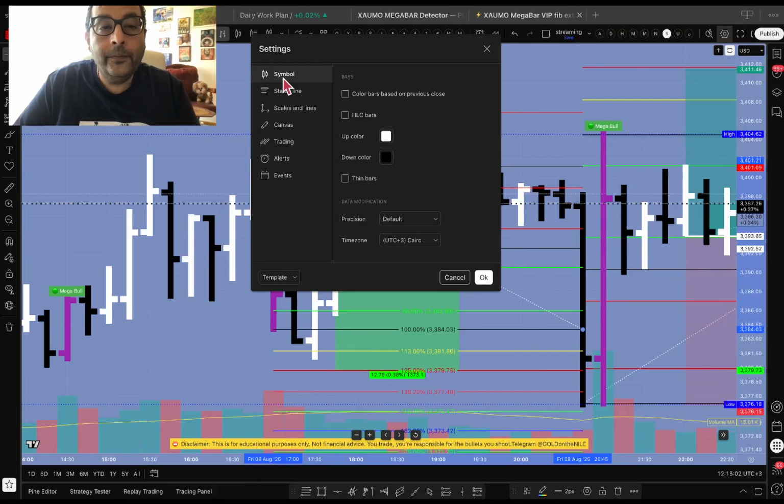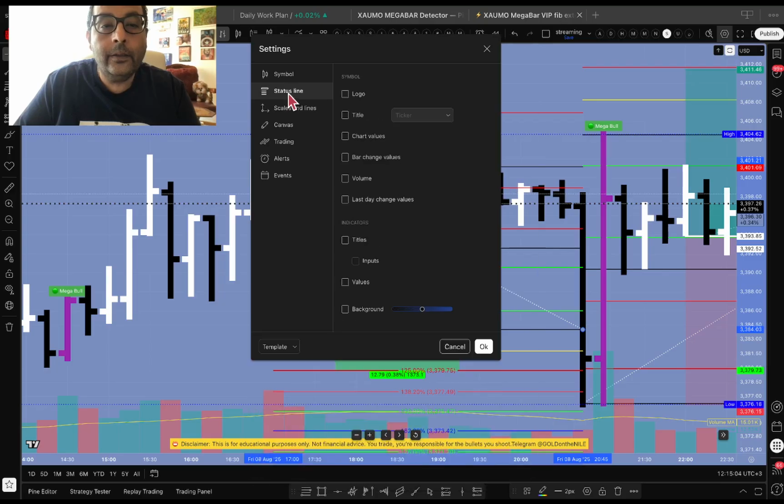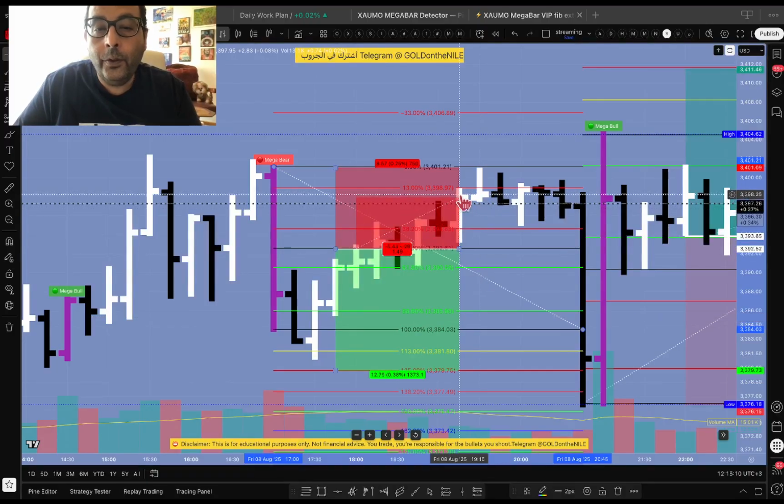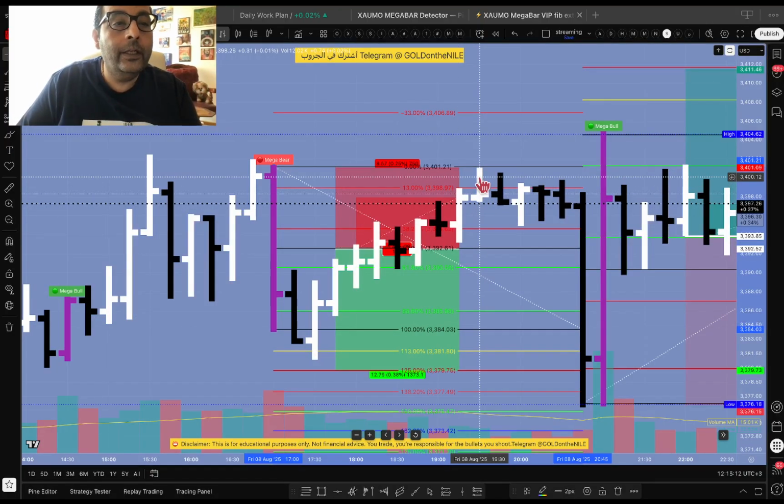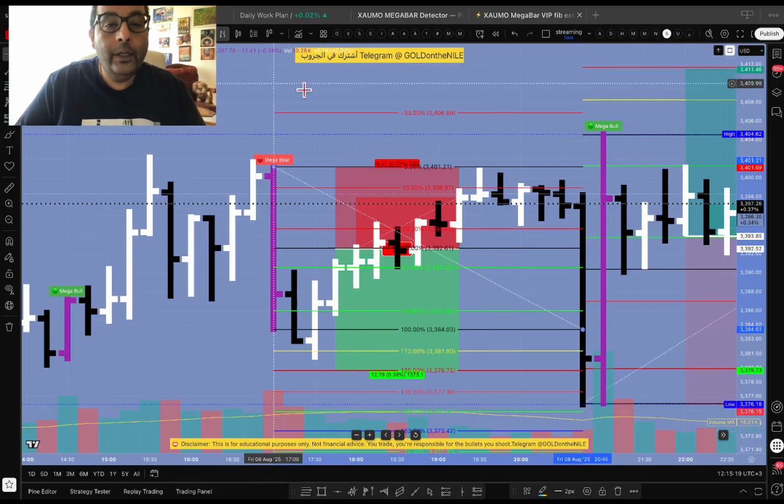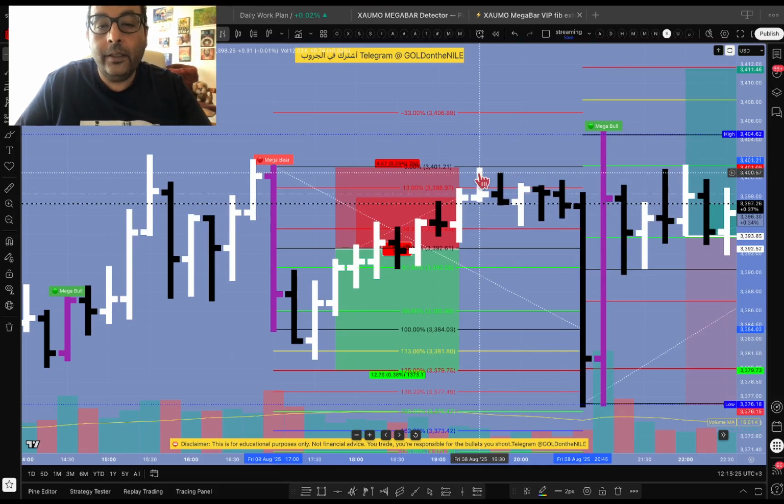Let's check this bar over here. The levels here, the high here was 3400.7. You check it here, you see? It's 3477. What did I say here? The stop loss is 3401.